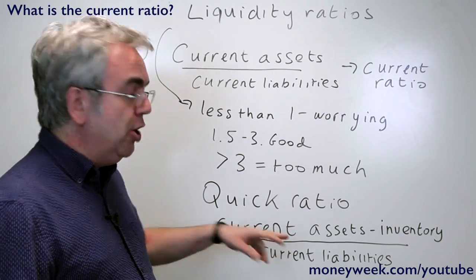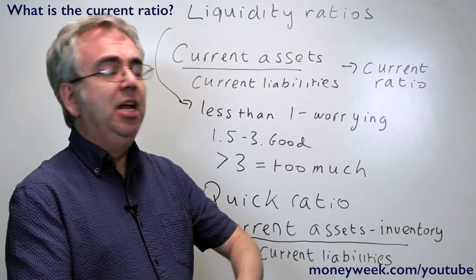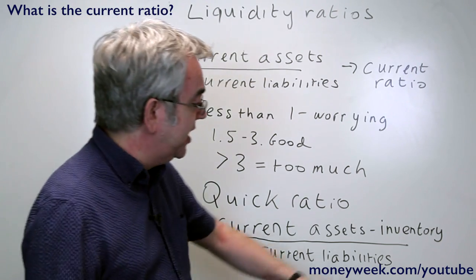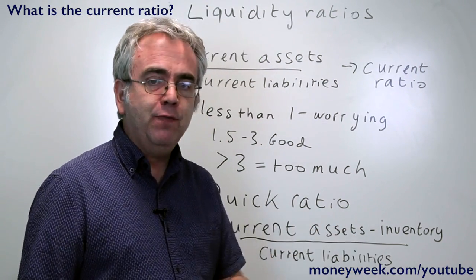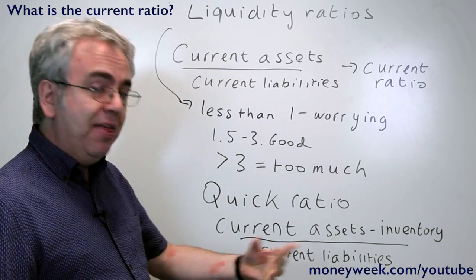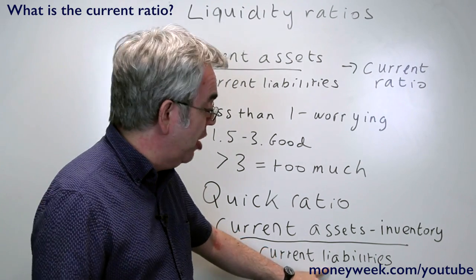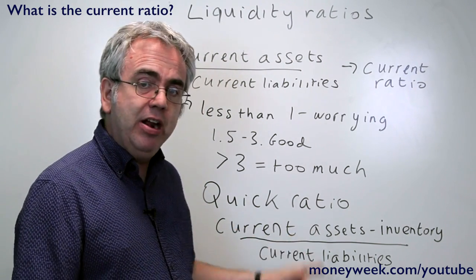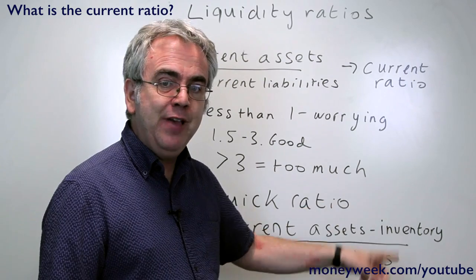And here we look at current assets, the cash, the accounts receivable, all the rest of it, but we take out the inventory because that's the one where the value might fall quickly. And then we divide, once again, current liabilities into current assets minus inventory.